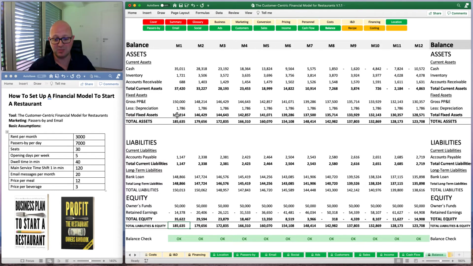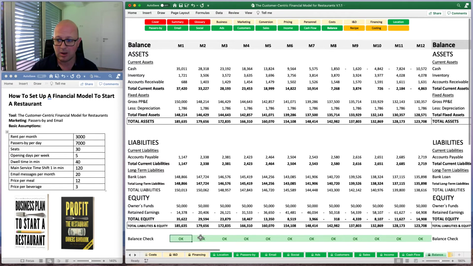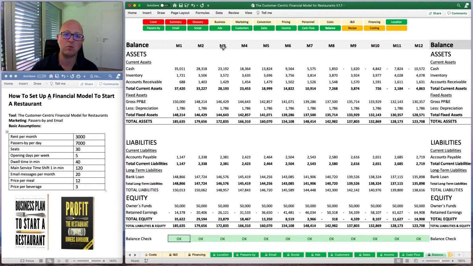The balance is balanced. If this is red and it shows a certain number, then something is wrong with your balance. As long as you don't change the model, it should always be okay. If you do start to make changes with the formulas which are not correct, then this could become red and warn you about a wrong balance. But as long as this is green, you know, okay, the balance is correct.